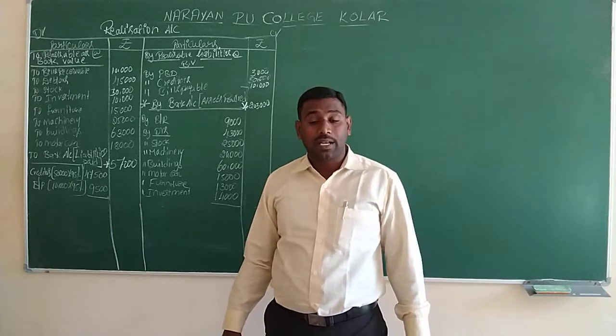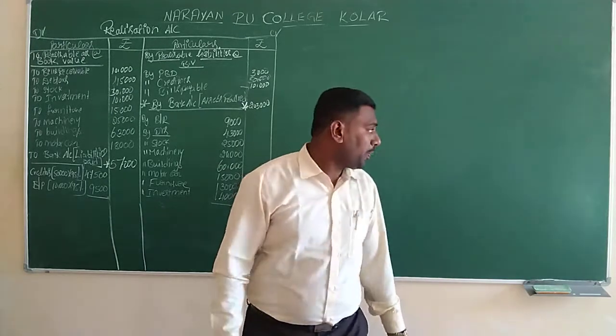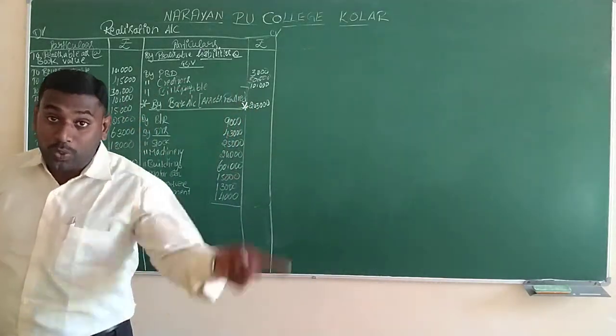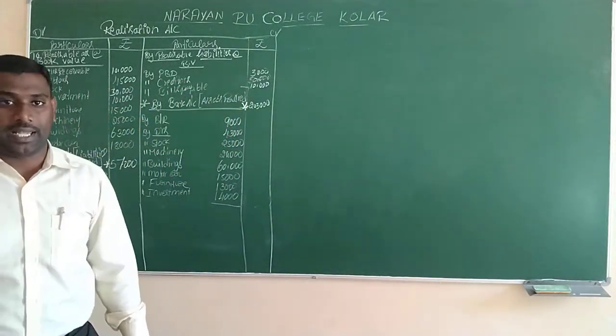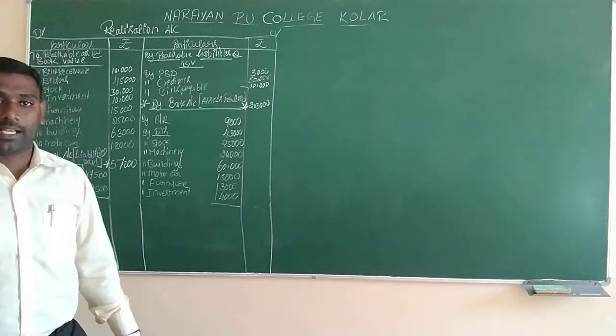Step number 7, dissolution expenses paid. Who is going to pay? Adjustment number 3 says that dissolution expenses amounted to rupees 4,000. Amounted means the company has paid the expenses.